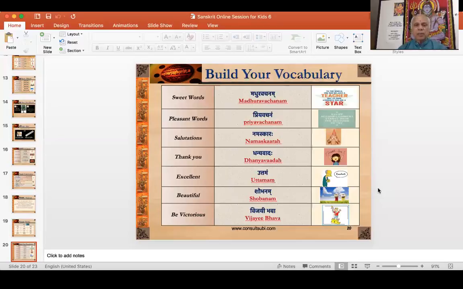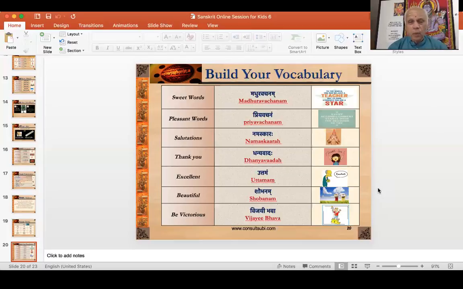And she speaks Madhura Vachanam. Very sweetly, sweet words. Priya Vachanam is pleasant words, born out of love or affection.